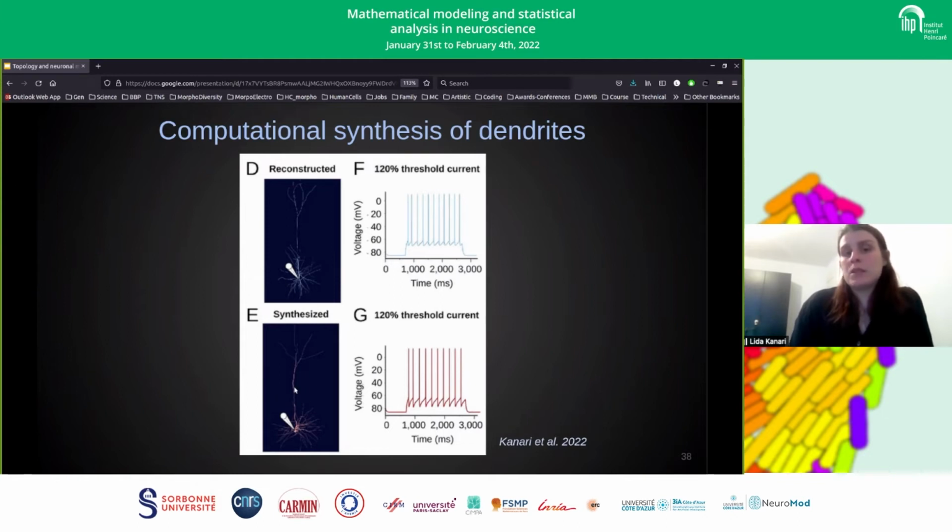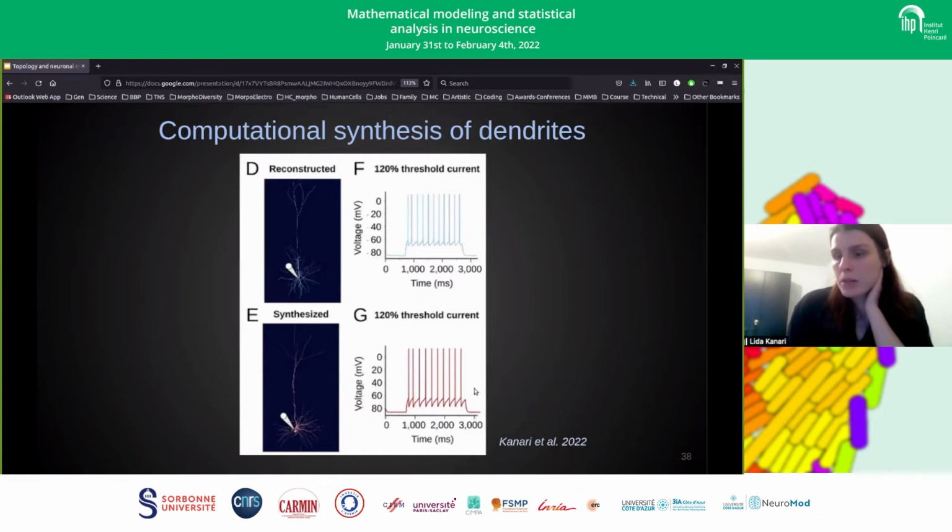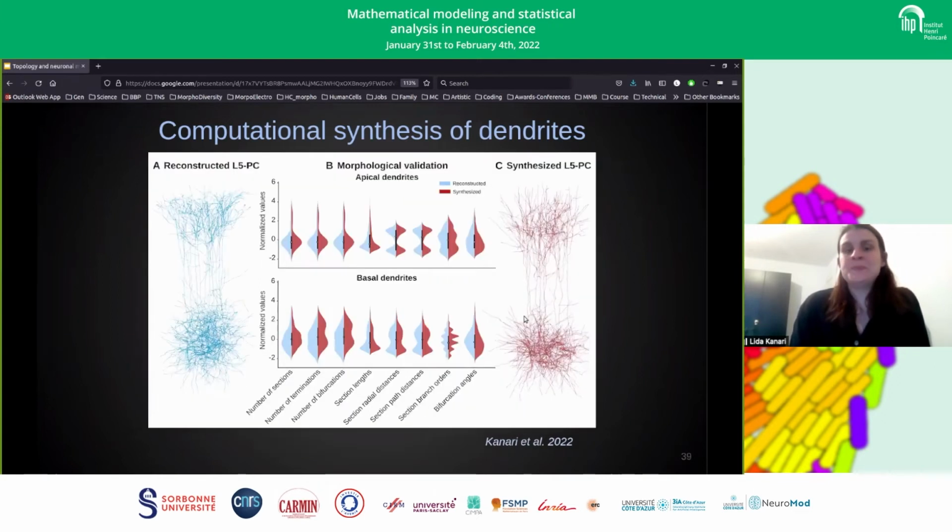We perform these experiments for a number of different reconstructed and synthesized morphologies, and we see that they produce very, very similar traces. This was just a single example, but we performed that on all the different morphological and electrical types that we have, and we also perform a statistical analysis in order to verify that all the different features of these electrical traces are correctly reproduced.